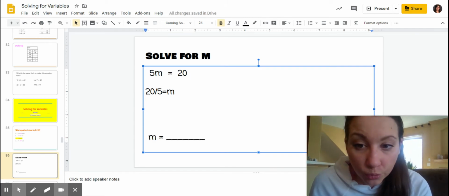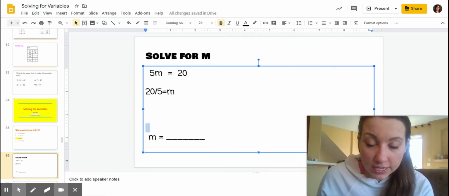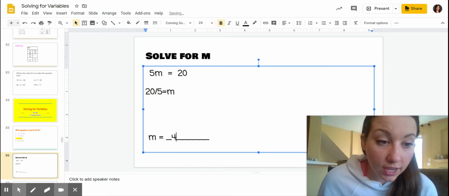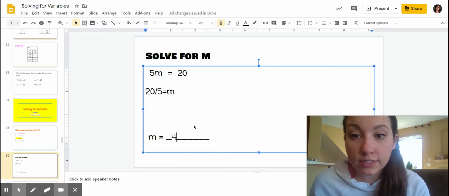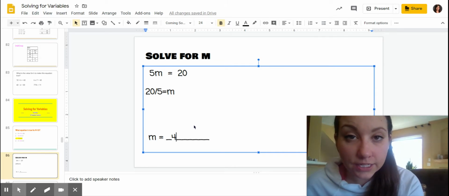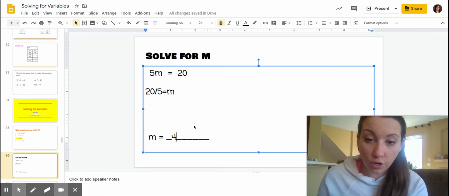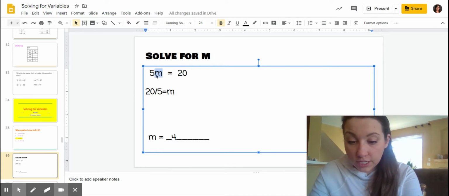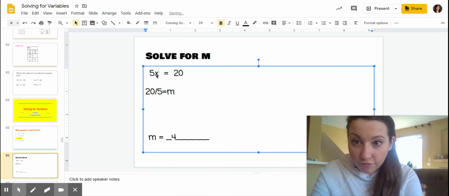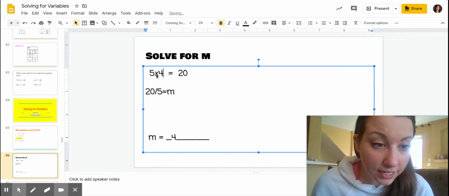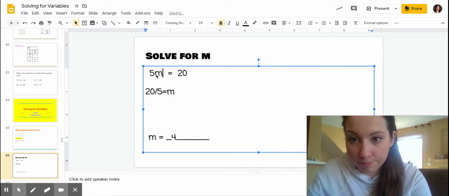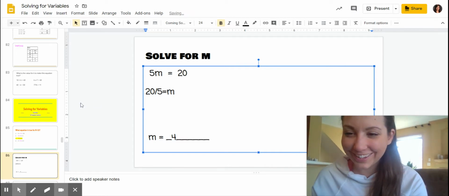And I know that 20 divided by 5 is equal to 4. One thing I want all fourth graders to practice is substituting that back into the problem to check. So if m was equal to 4, does that make sense? It does. 5 times 4 does equal 20.